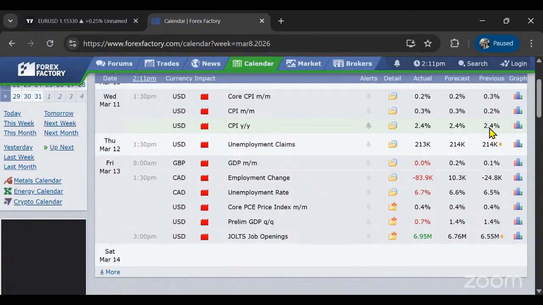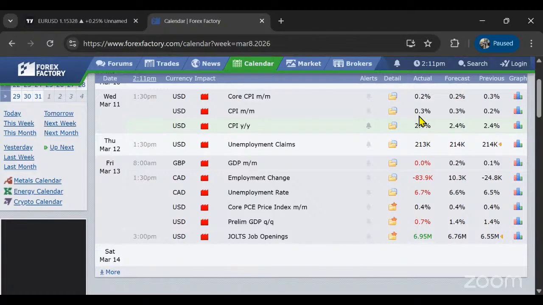News trade analysis. So how do we traders take advantage of it? If the actual data that they gave us is greater than the previous data, then we say that the news is good. We say that the news is good for the currency.